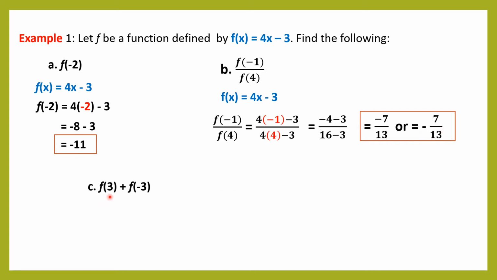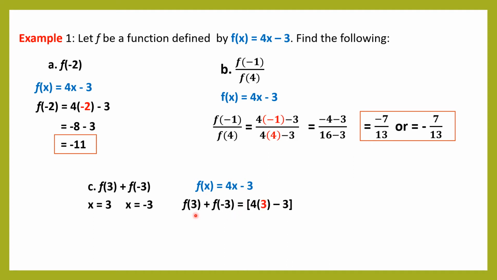Letter C, f of 3 plus f of negative 3. So we'll have here positive 3 and negative 3 as the values of x. So let's have here function f of x is equal to 4x minus 3. By substitution, we will have here f of 3.